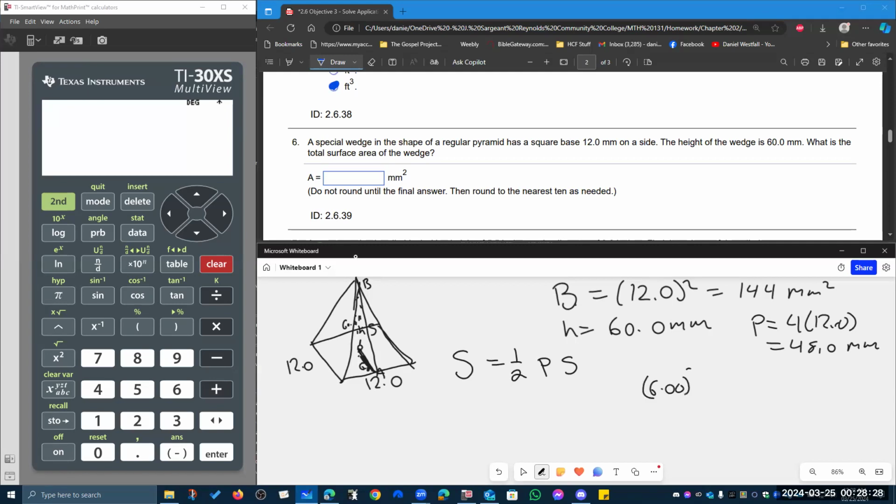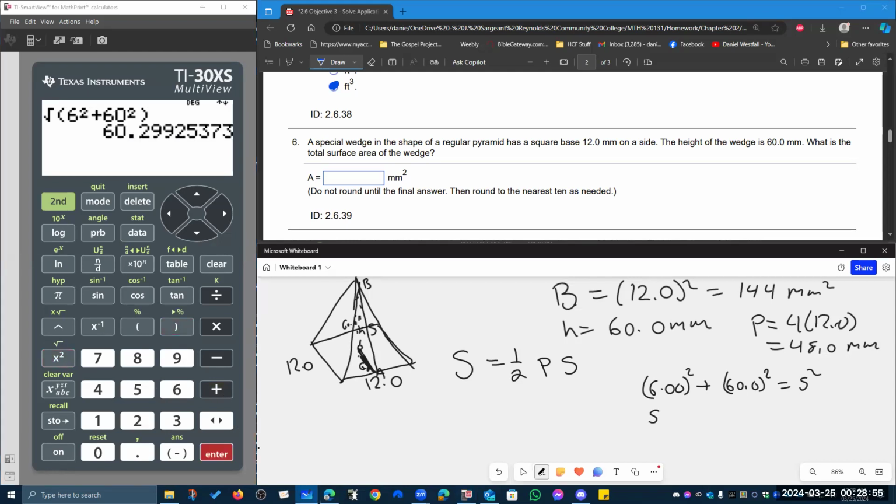So I'm going to have 6.00 squared plus 60.0 squared is equal to S squared. I'm just going to put 6 squared plus 60 squared inside the square root sign and solve for S. Square root that.